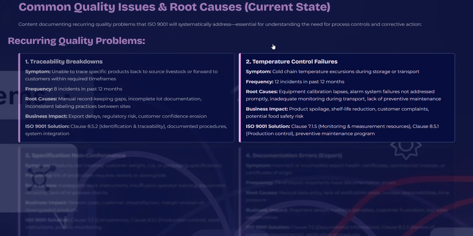Business impact of this problem: product is spoiled, shelf life reduction, customer complaints, and potential food safety risk. How will ISO 9001 solve this? In clause 7.1.5, monitoring and measurement resources, and clause 8.5.1, production control, a preventive maintenance program will be implemented.